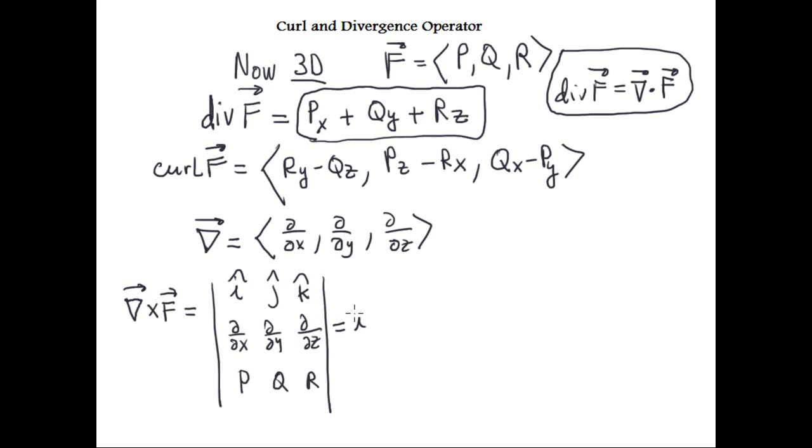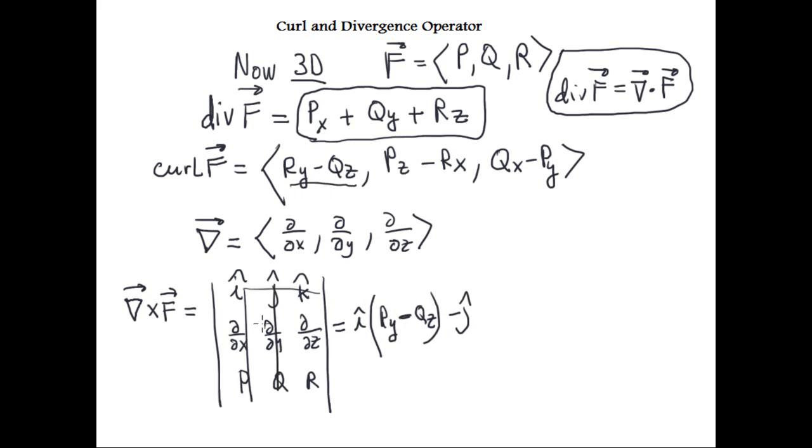This i, multiplication, you delete this row and this column. This is the partial derivative of R with respect to y. Let me write in this notation. Minus the partial derivative of Q with respect to z. This is the first component. Look, this component is this component. Minus j, remember it's negative.